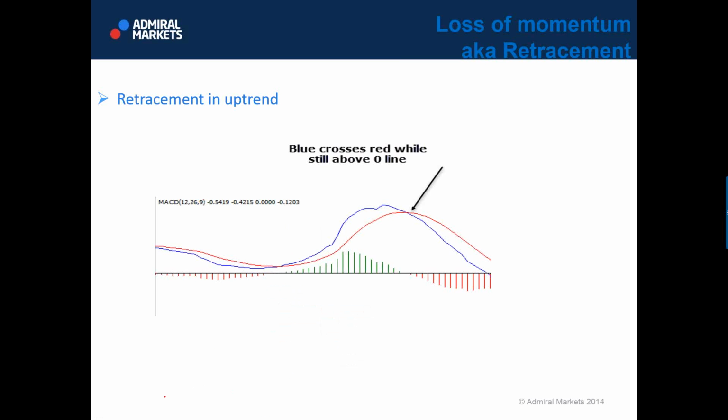What is a trend? A series of thrusts and pullbacks. This is a trend. This part is called retracement. MACD can very clearly identify retracement in an uptrend or downtrend. When blue is above red and both are above the zero line, there is both trend and momentum. We have a momentum loss when blue crosses red while both of them are still above the zero line.